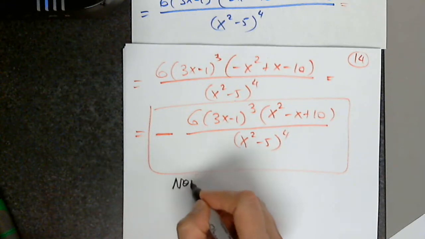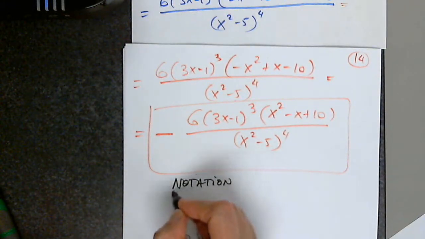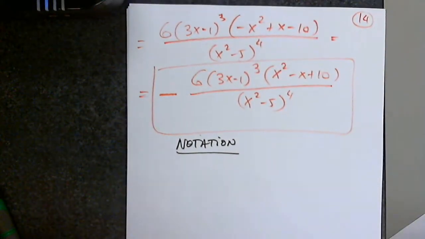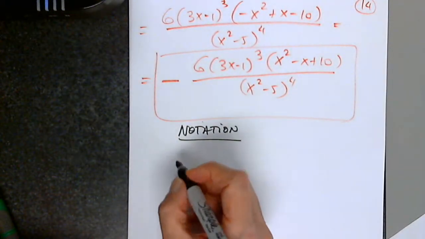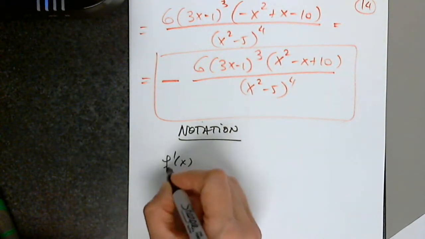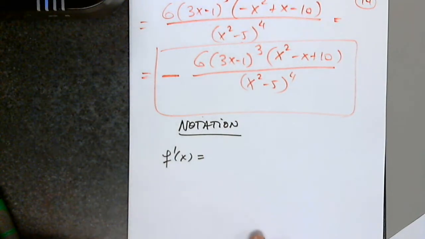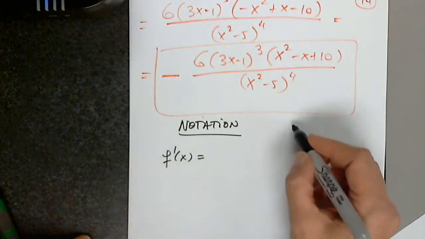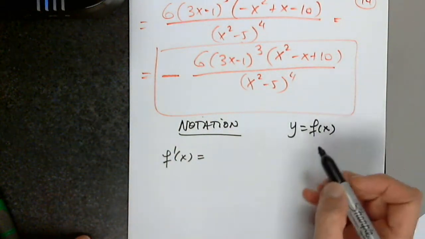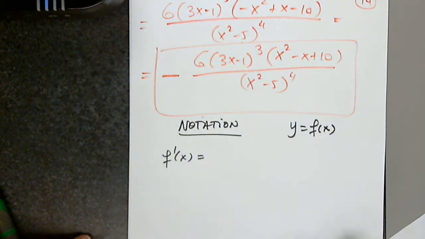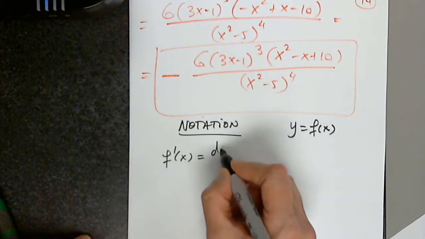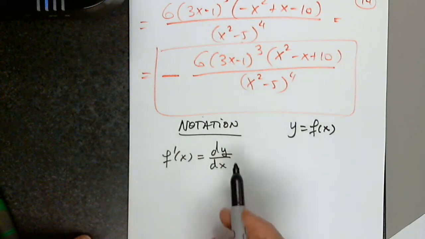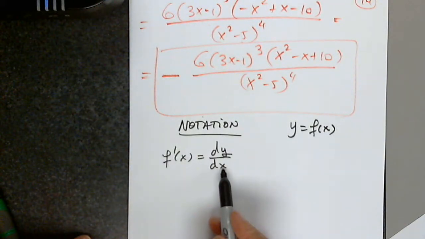Concerning notation, I want to explain that f prime has different notations, not just f prime. So y is the same thing as f of x. Another notation, the so-called Leibniz notation, is dy over dx, the derivative of y with respect to x.